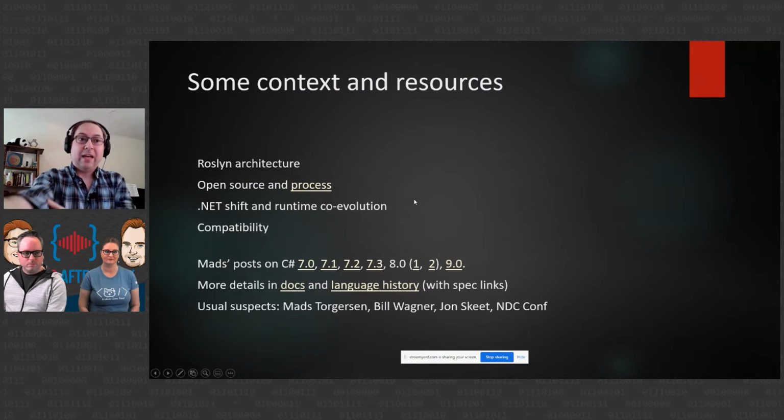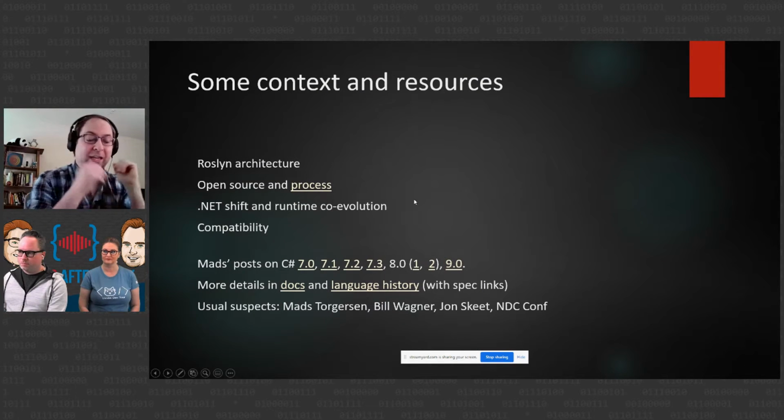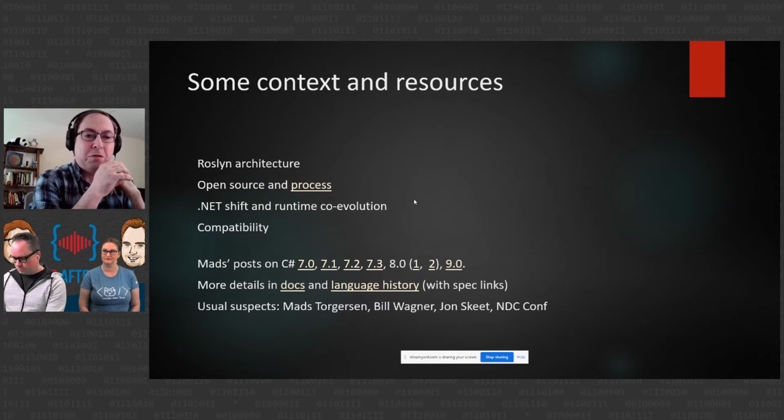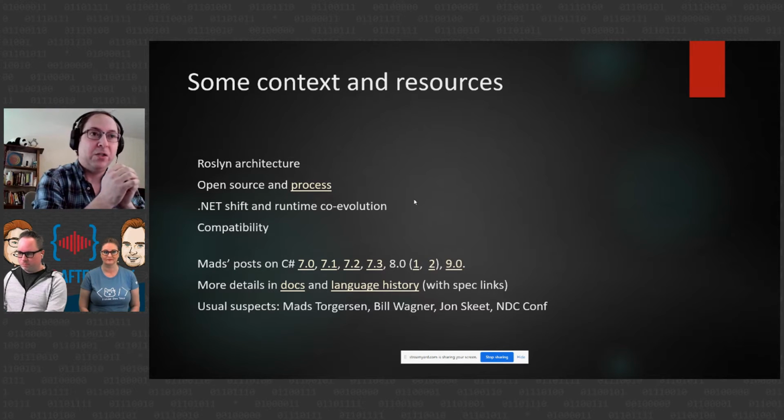Another thing that happened in the last few years that is useful to give context is the entire .NET ecosystem shifted. It used to be really focused on Windows desktop, and it became much more open to other platforms, Linux in particular.